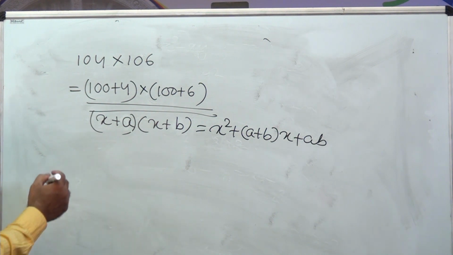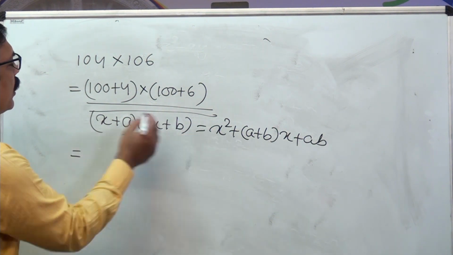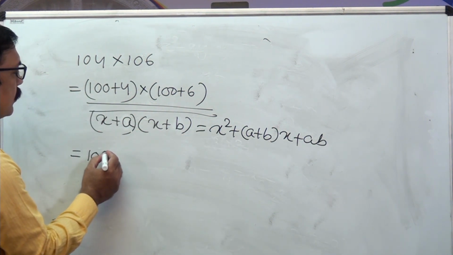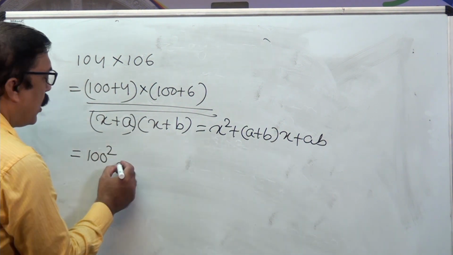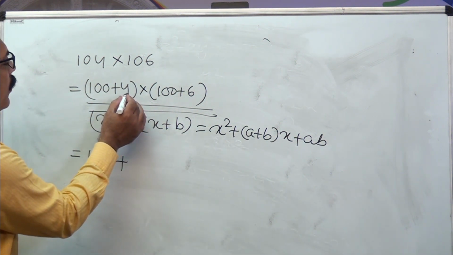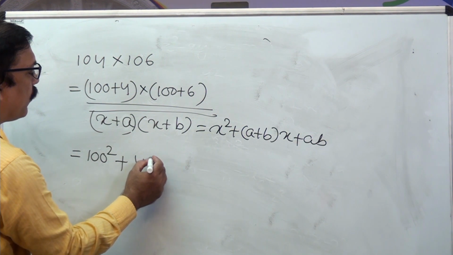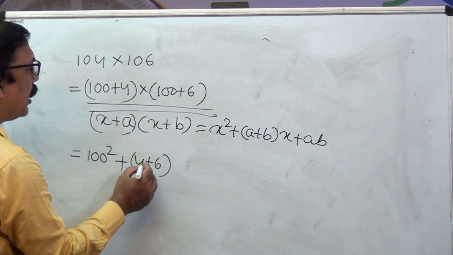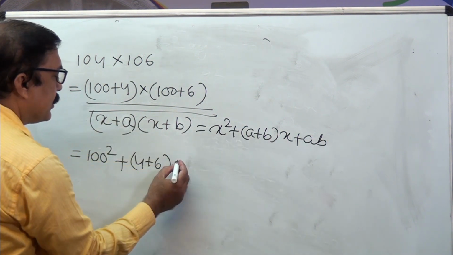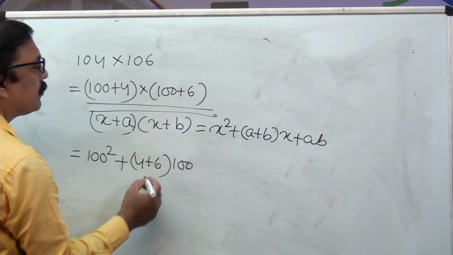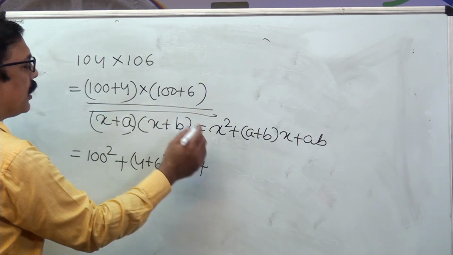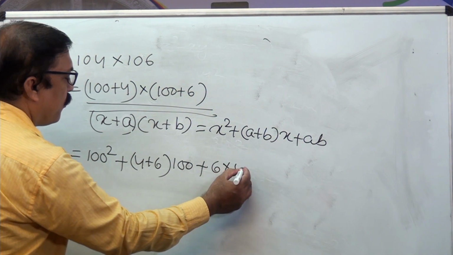So we can write here 100 square plus, here a plus b means 4 plus 6, into x which is 100, plus ab, which is 6 into 4.